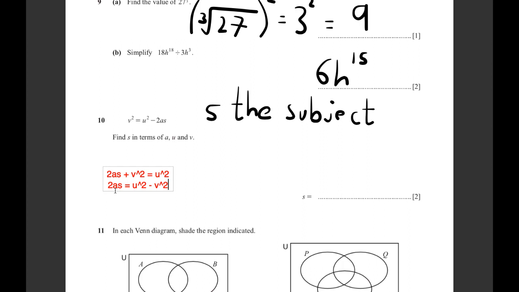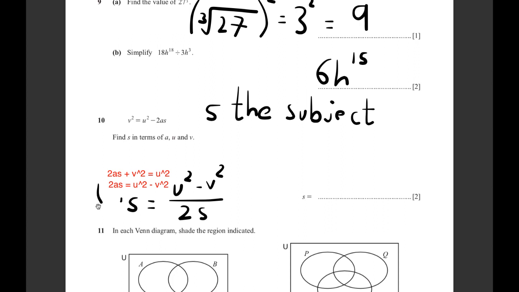And now we've got s and 2 here. What's the opposite of timesing by 2 and s? Well, dividing by 2 and s. So we get the answer, I think I'll write this one out as s equals, well, u squared still stays on top, minus v squared here, and then we divide through by the 2 and the s, so we bring that over here.